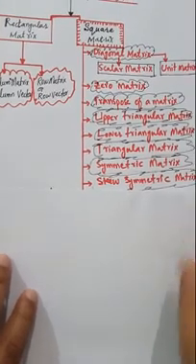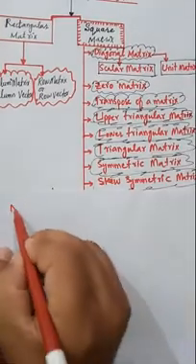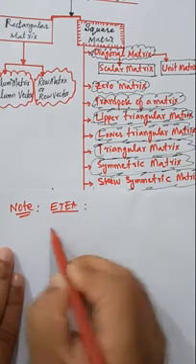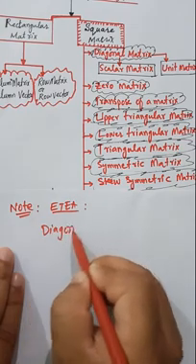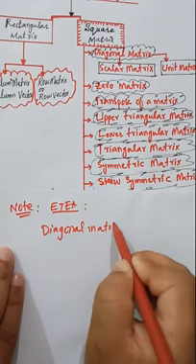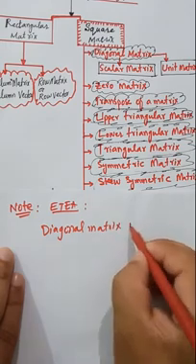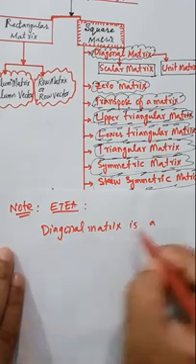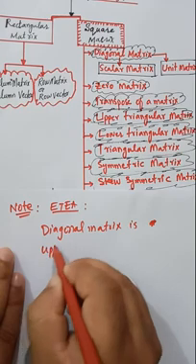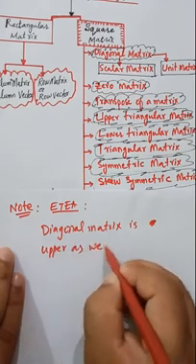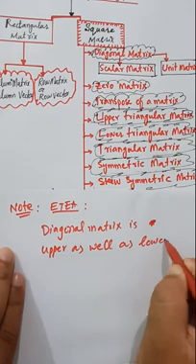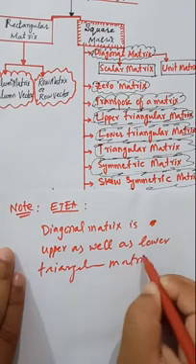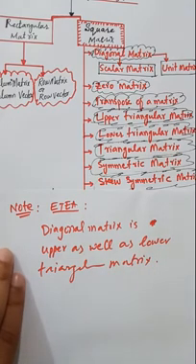This is an important note: a diagonal matrix is an upper as well as a lower triangular matrix, or you can say a diagonal matrix is a triangular matrix.